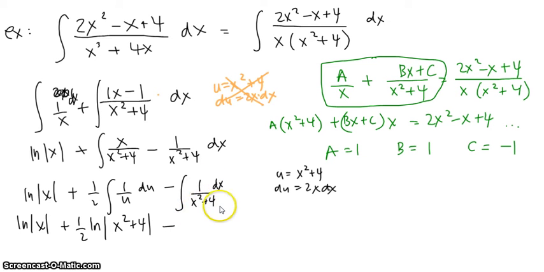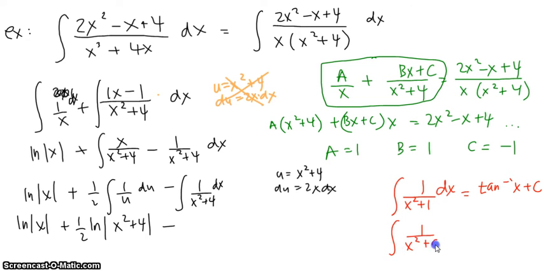Now in this case, if you remember, wouldn't it be really nice if I had the integral of 1 over x squared plus 1 dx as opposed to that 4? Why? What is the integral of 1 over x squared plus 1? That turns out to be arctangent x plus c, right? Well, there's a variation of this that allows me to integrate 1 over x squared plus a squared dx.